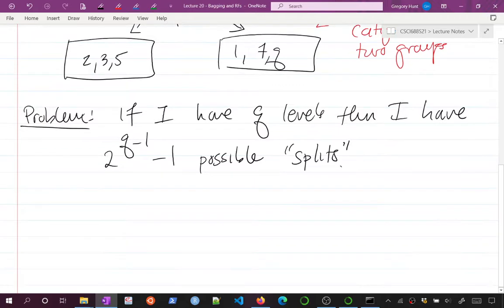And so if I have a categorical variable with a large number of categories, where Q is large, then this becomes a problem because I have a lot of different splits I would have to search over.